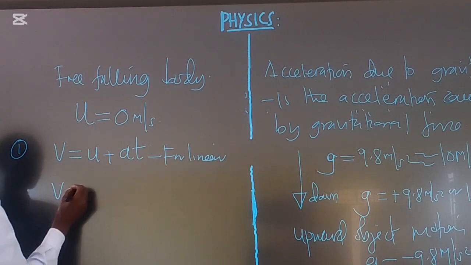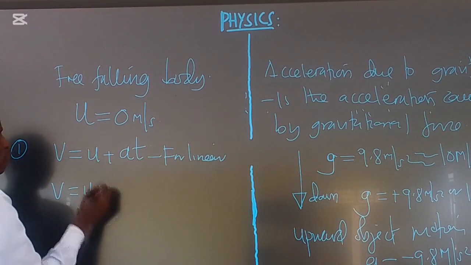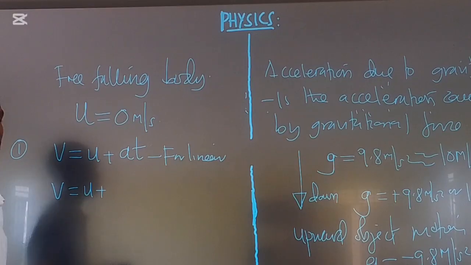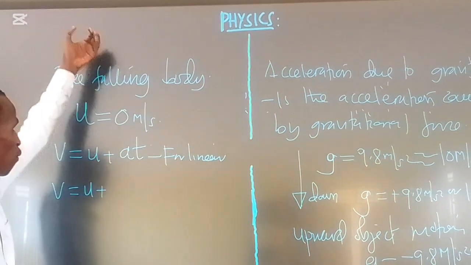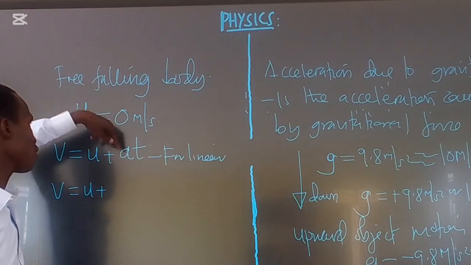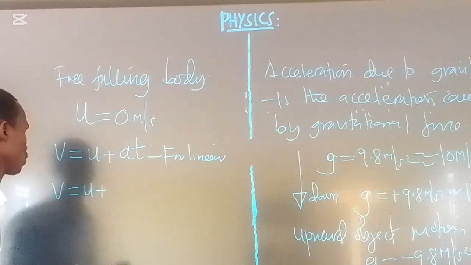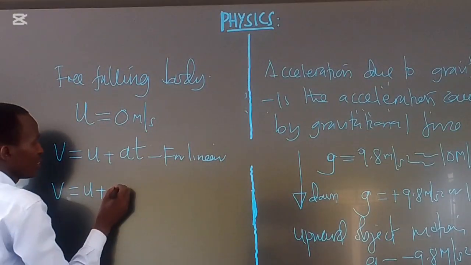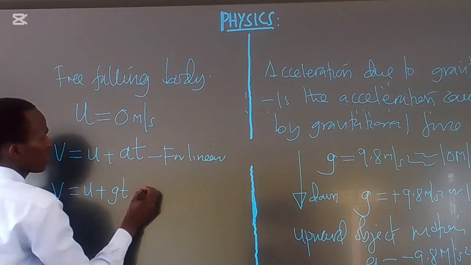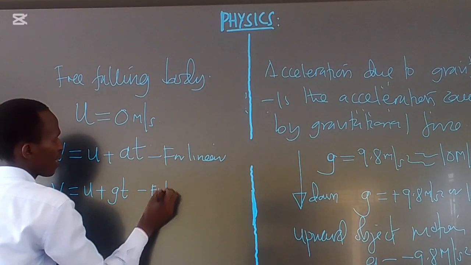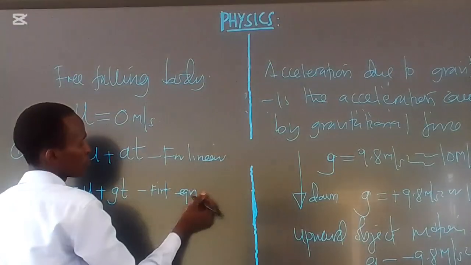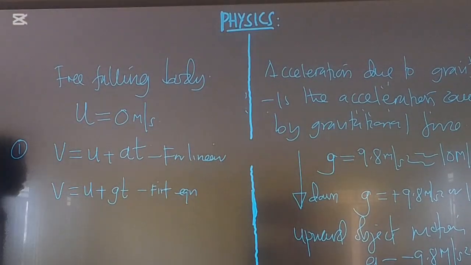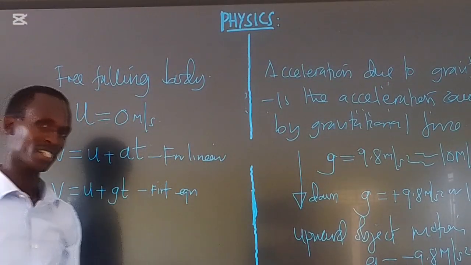The final velocity becomes equal to initial velocity plus acceleration due to gravity. For a falling body, the value of acceleration due to gravity is positive, so it becomes plus gt. This is the first equation for the motion under gravity, for the body moving downwards.